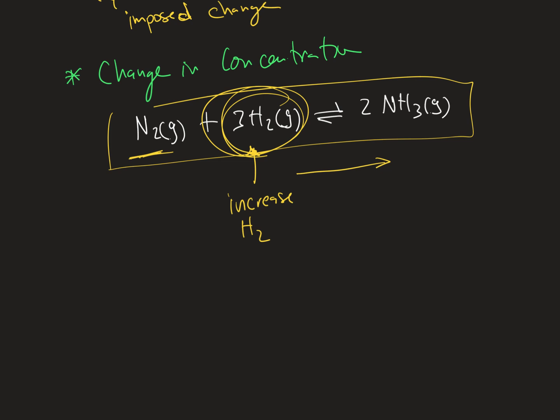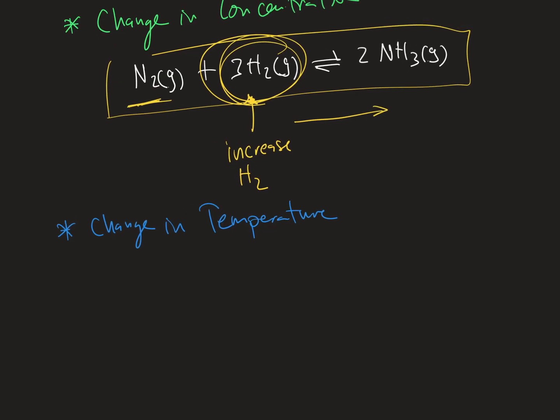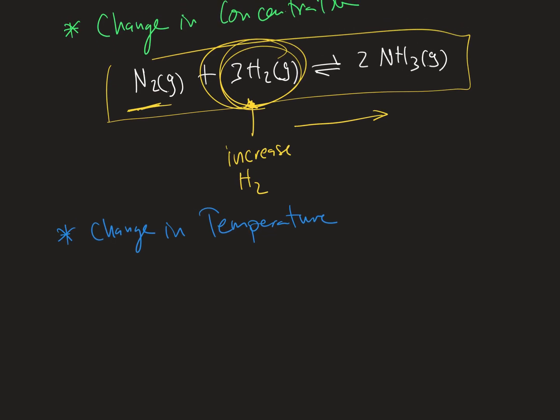And the next one is a change in temperature. So if we have H2 as a gas plus I2 as a gas in equilibrium with 2HI as a gas and 7 kilojoules of heat.